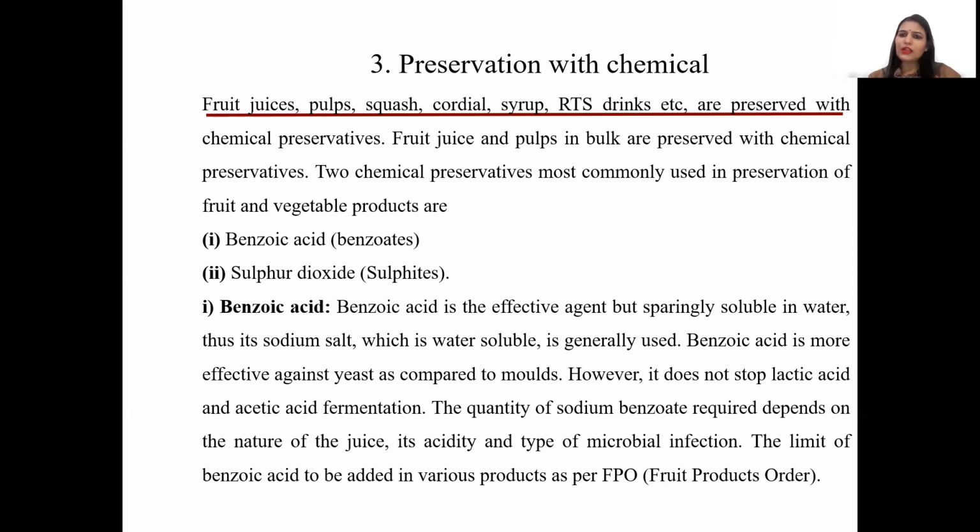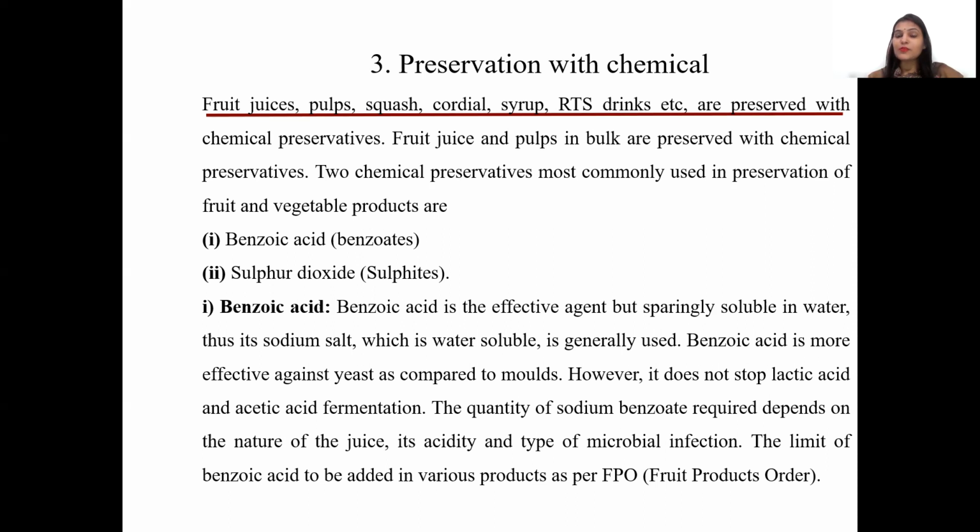And one more point: sulfur dioxide, like potassium metabisulfite, acts as a bleaching agent.